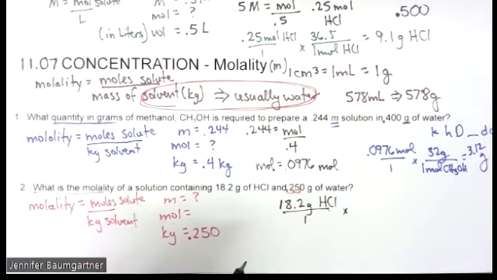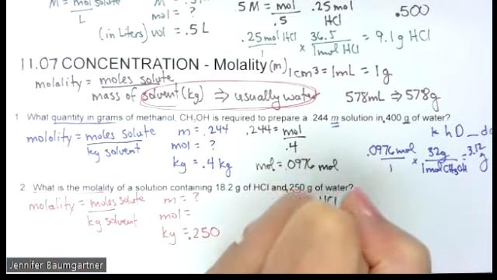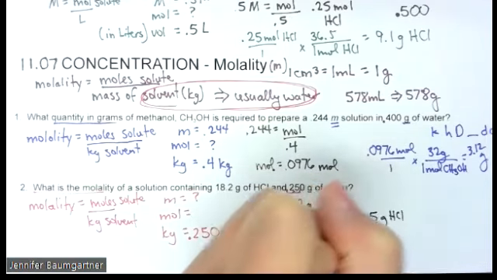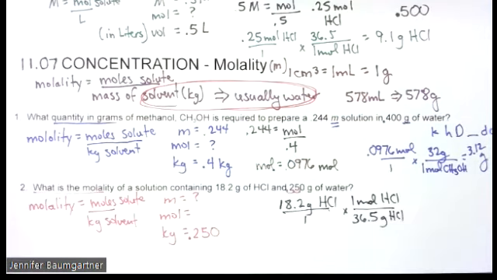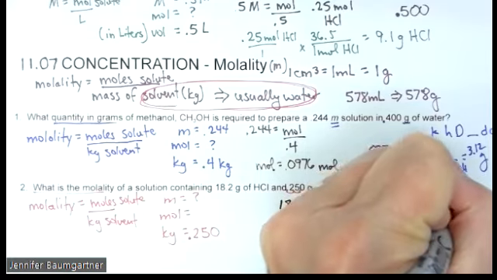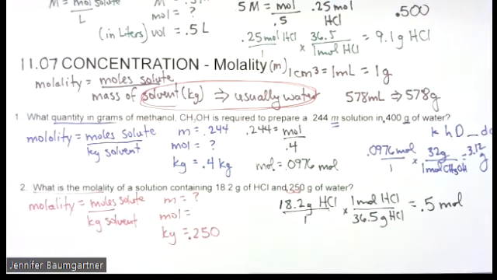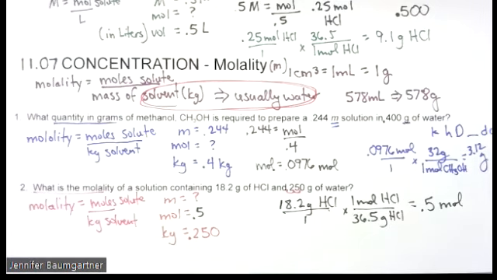So chlorine is 35.5, hydrogen is 1, so this is going to be 36.5 grams of HCl in 1 mole of HCl. So 18.2 divided by 36.5 gives me, if I round that, 0.5 moles. So now I bring that 0.5 over here and I can solve.